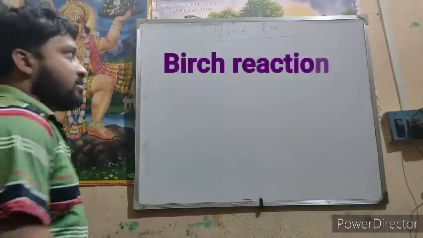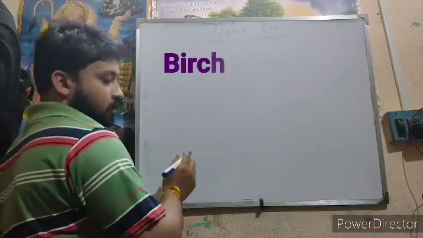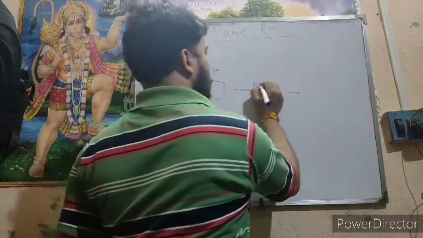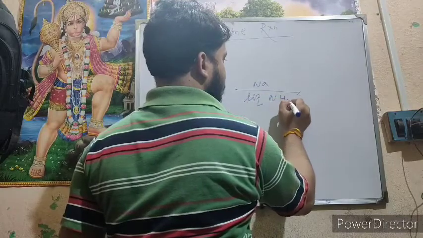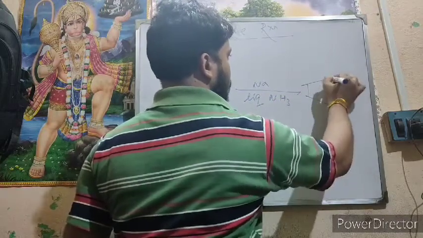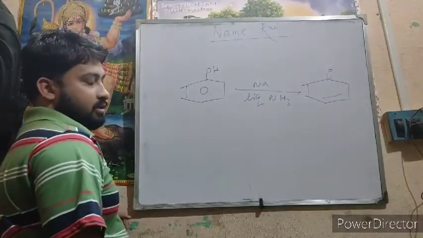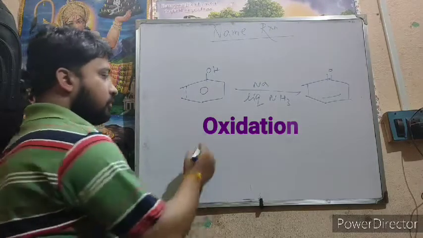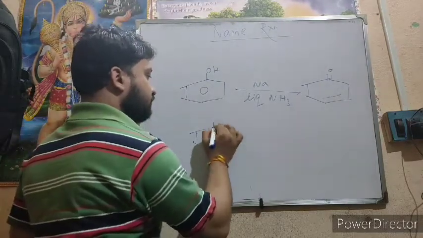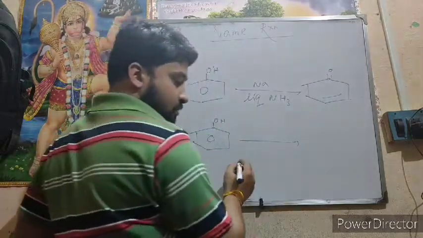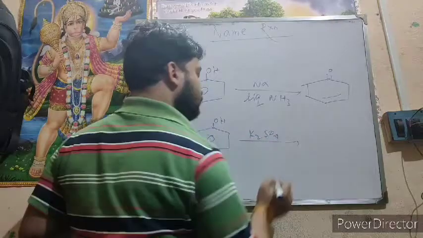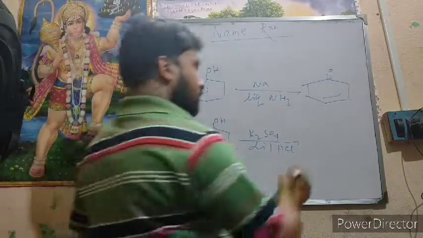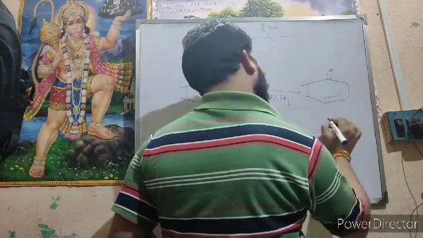Now the reaction is the Birch reaction. If you take phenol and sodium and liquid ammonia, the product is this. This is the Birch reaction. Then oxidation. If you take phenol and oxidize it with the help of K2Cr2O7 and dilute HCl, quinone is formed, with OH and OH.